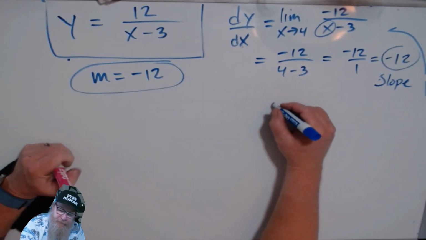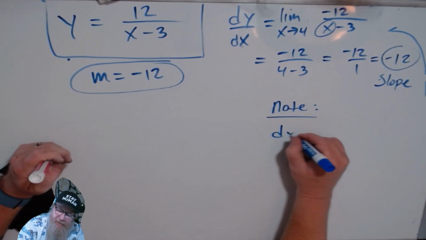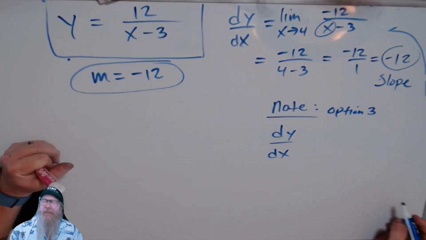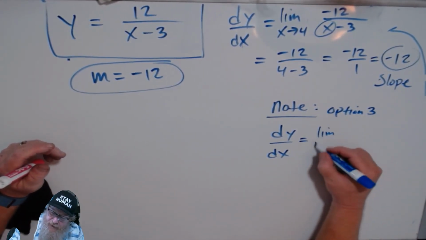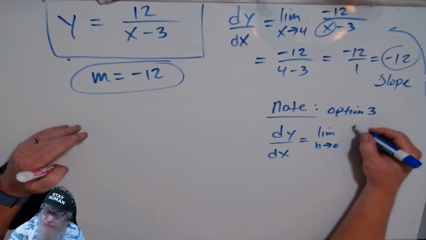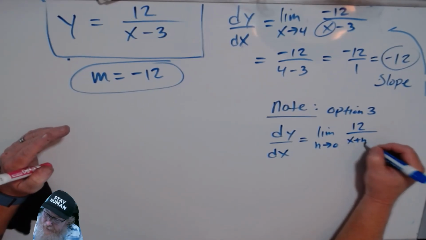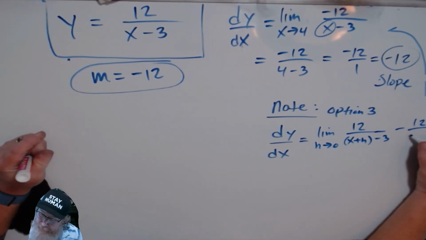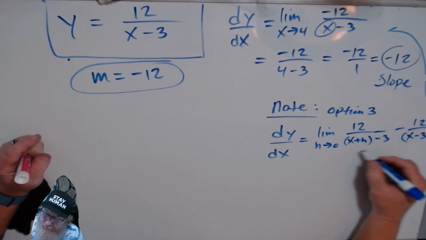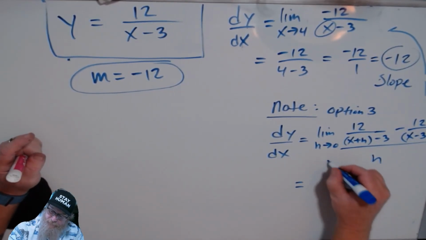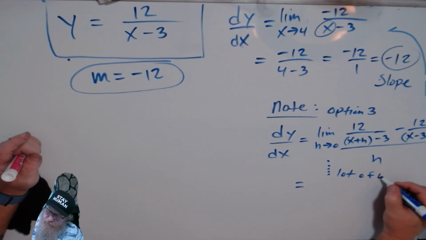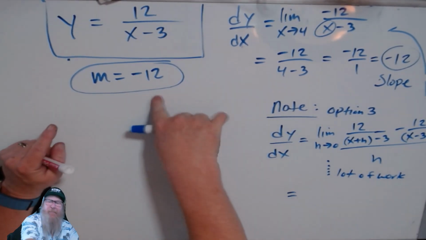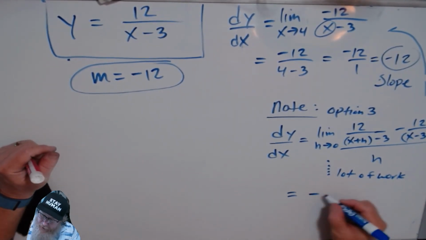I should mention, since I didn't do it this way, if I used option 3, the limit as h goes to 0 of 12 over x plus h minus 3 minus 12 over x minus 3, all over h, blah, blah, blah, a lot of work. But I'm already over an hour now, so I'm not going to do it. I already have my answer. It's negative 12. This is what I would have gotten.